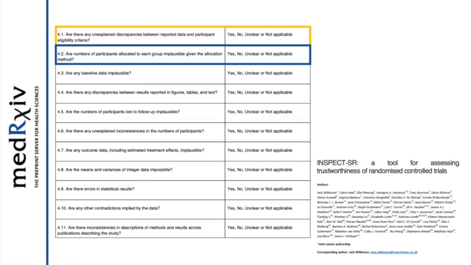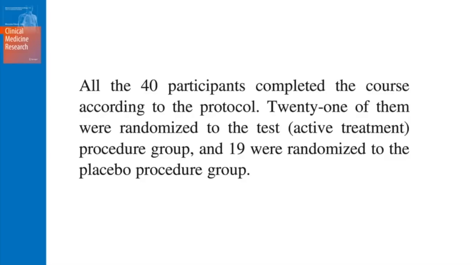Now, are the number of participants allocated to each group implausible given the allocation method? So this is a new question. This is a randomized control trial, and we want to see, for instance, if they say that the randomization was supposed to be balanced across groups, if actually the actual numbers are coherent with that.